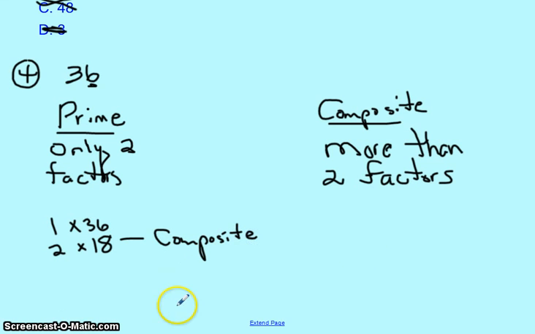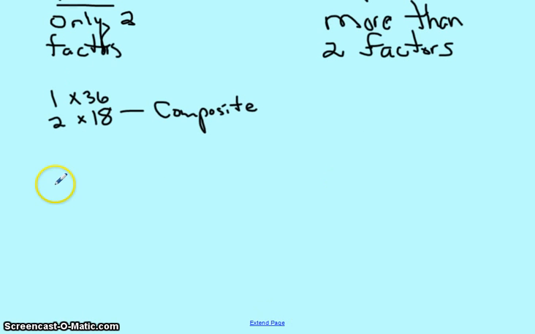Okay, pause this again and see if you can find if 17 is prime or composite. Pause the video, work it out, and then play again. All right, let's go through the factors. Again, you can't tell whether it's prime or composite unless you know the factors. We know 1 times 17. Do I need to try any even numbers? No, because 17 is odd. So I'll skip to 3. 3, 6, 9, 12, 15, 18.